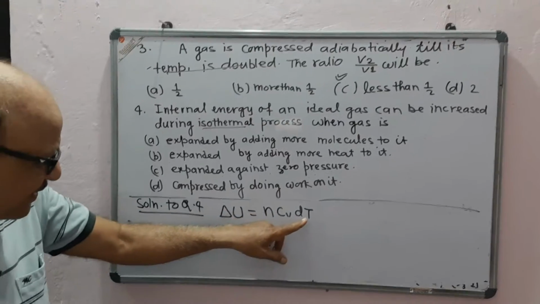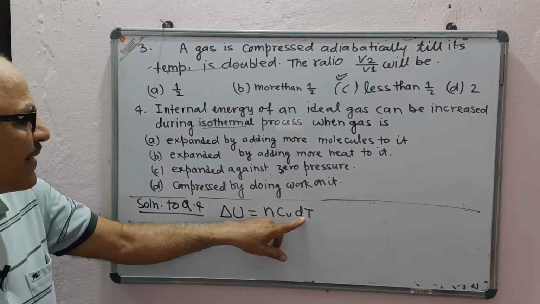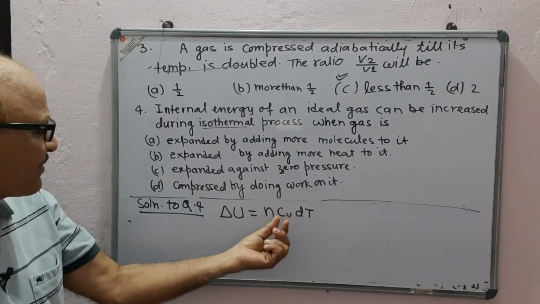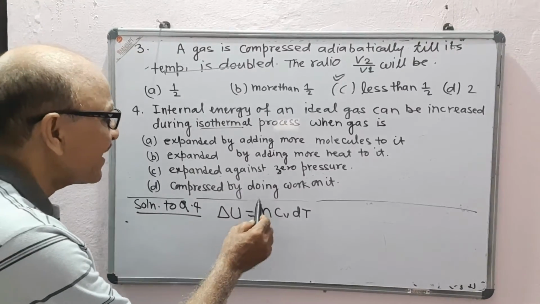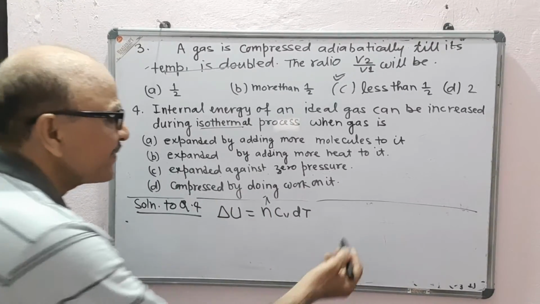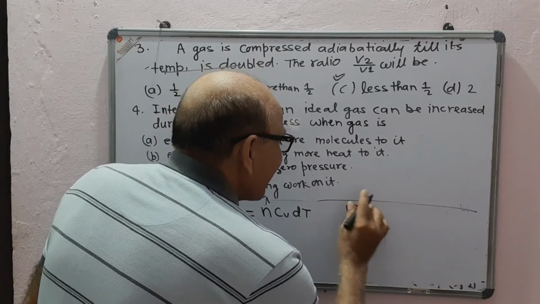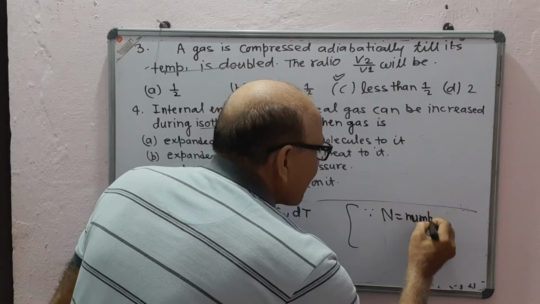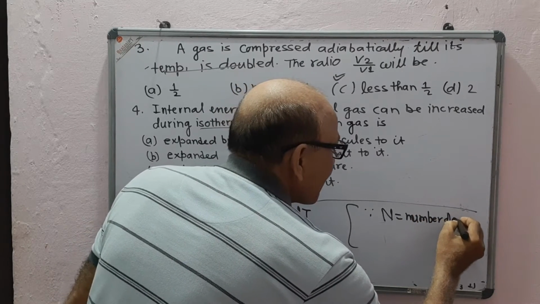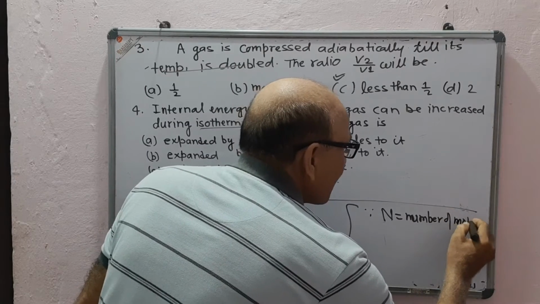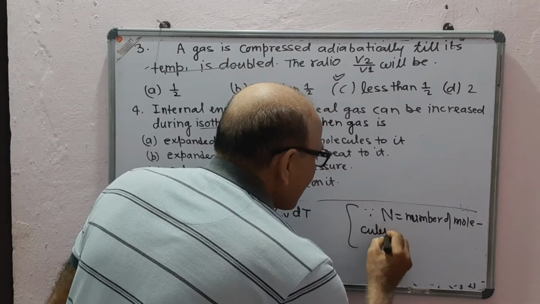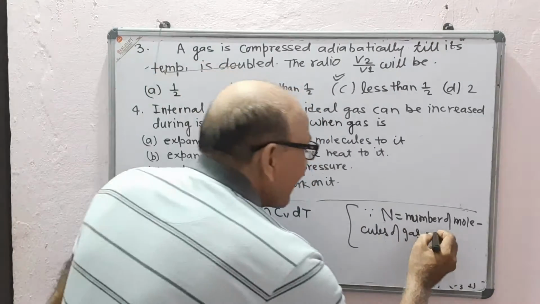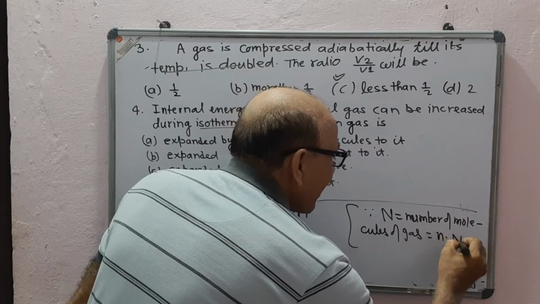Here for an isothermal process, internal energy can only be increased by increasing this number, because the number of molecules of gas will be equal to number of moles into Avogadro number.